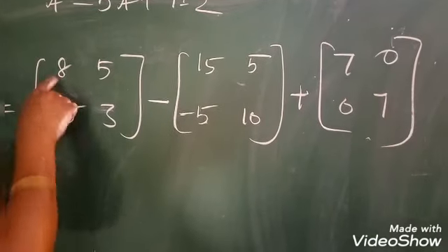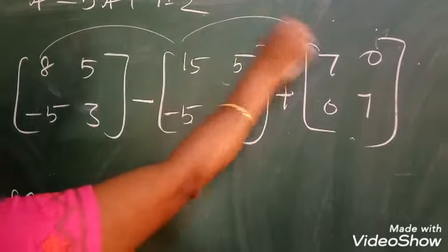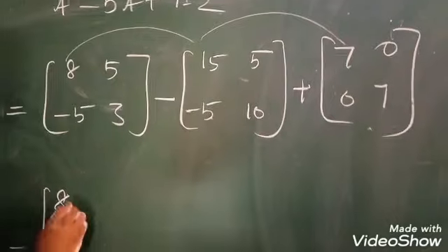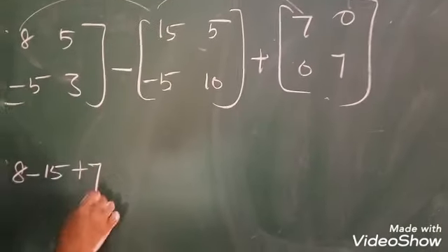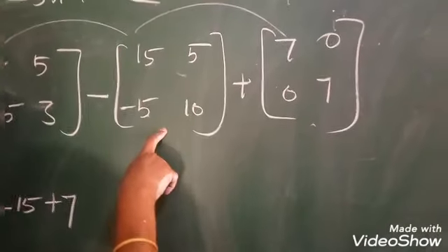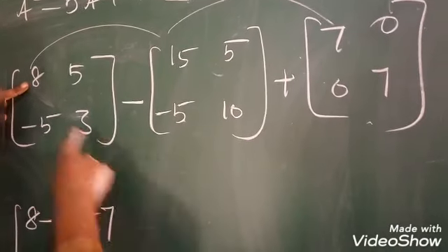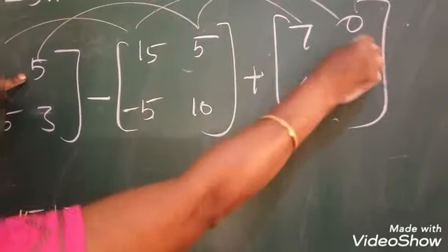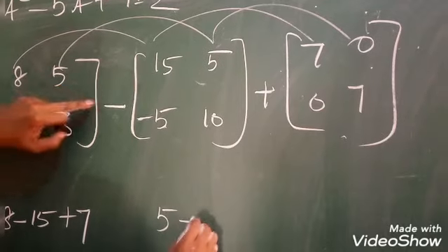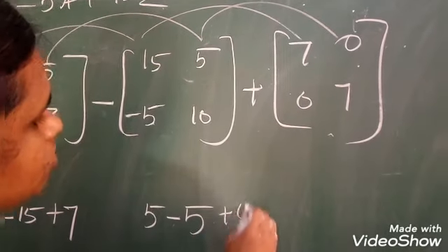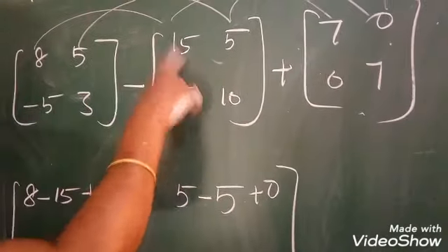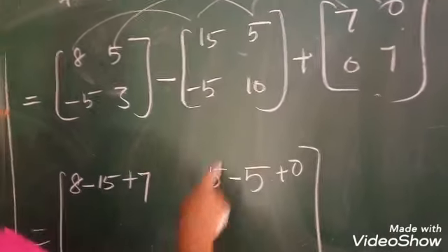Now you have to simplify together. How do you do it together, girls? First element with first element: 8 minus 15 plus 7. Here this matrix should be subtracted, this alone. Okay. Then next, second element: 5 minus 5, then 0. Have you all understood this matrix? This should be the negative matrix you want to add.